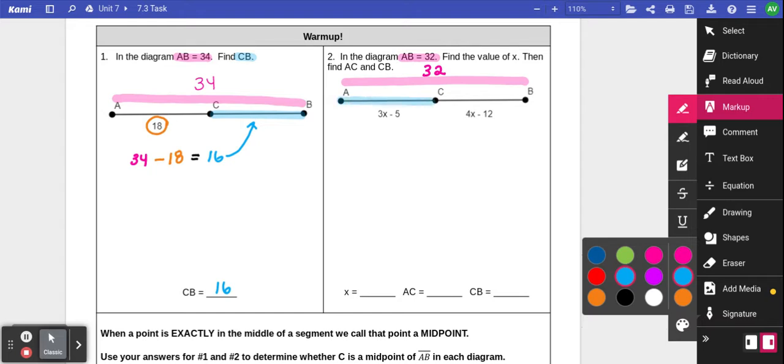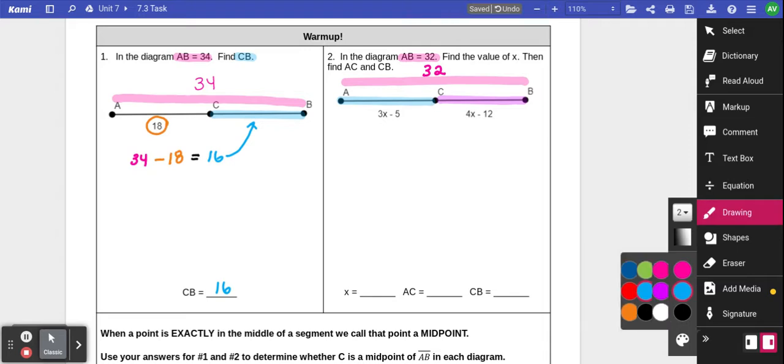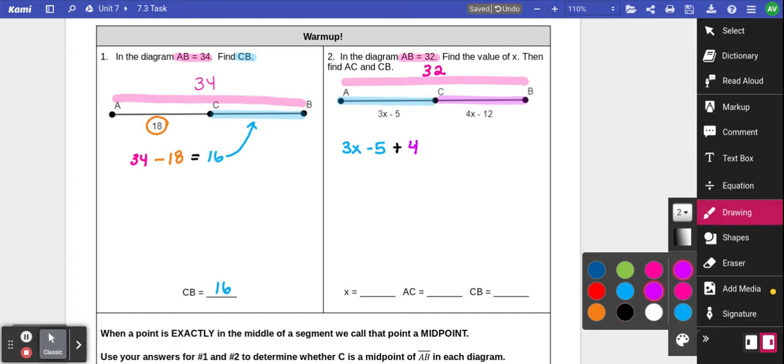So the little segment here plus the little segment here makes the whole thing. The first little segment is 3x minus 5 plus the second little segment is 4x minus 12. And all together, we get the length of the whole thing, which is 32.